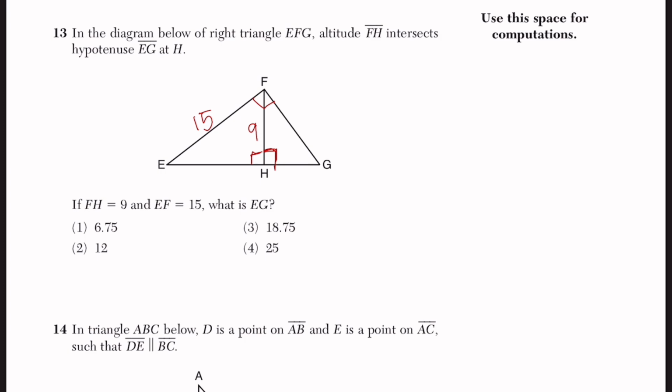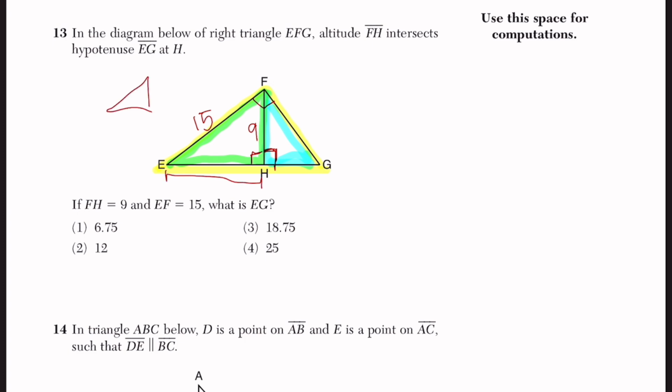So for these type of questions, we know that this triangle right here, and this triangle right here, and this larger triangle, they're all going to be similar triangles, right? So first, based on what we're given, the only thing we can really find is the side length for EH.